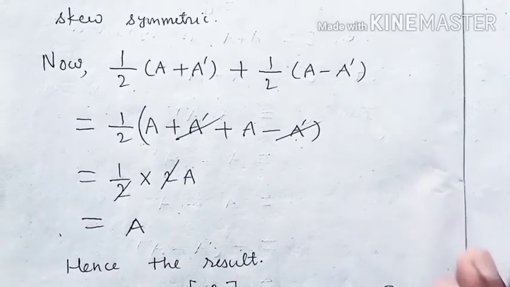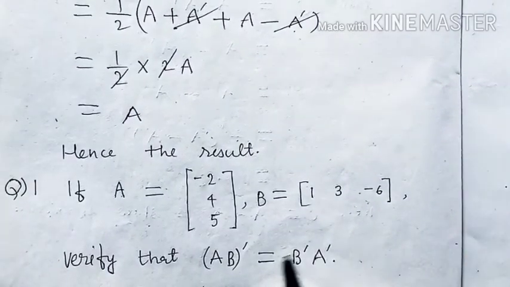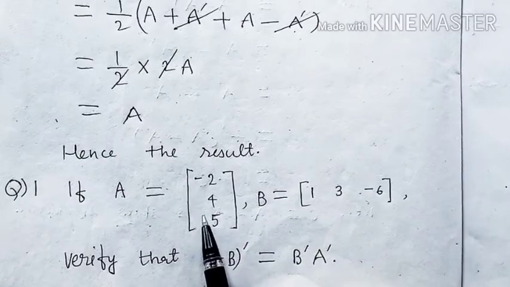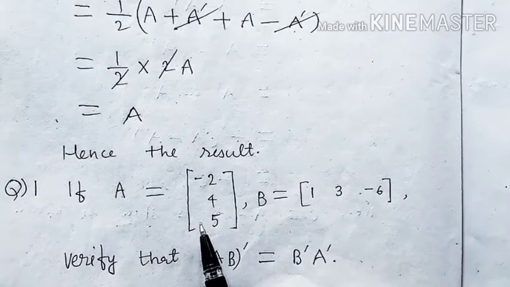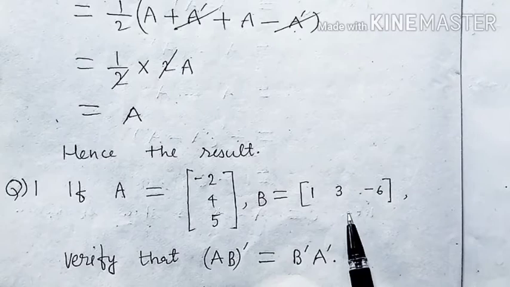Now let us verify the property that transpose of AB is B dash A dash. Here A is this one and B is this one.